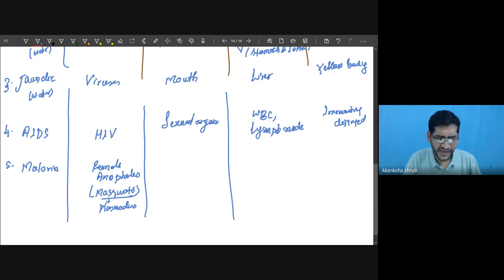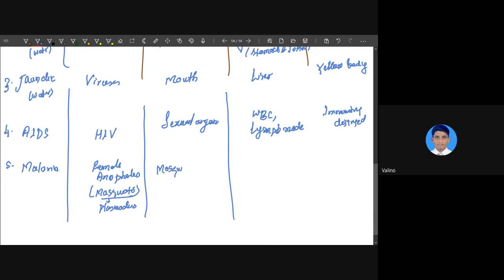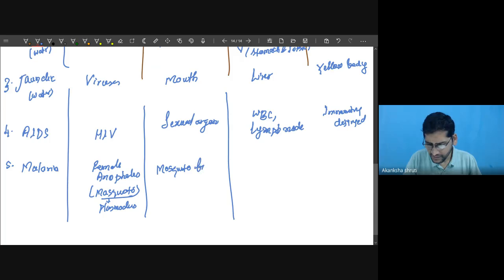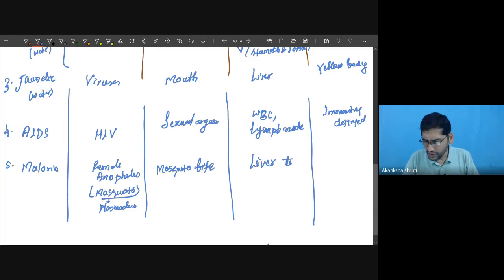And this malaria, how? The mosquito always gives a bite. It also affects your liver. The liver gets heavily damaged, then it goes to your blood, then the RBC.